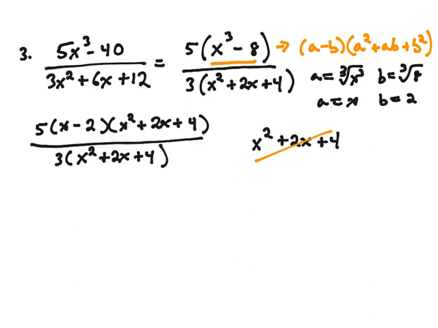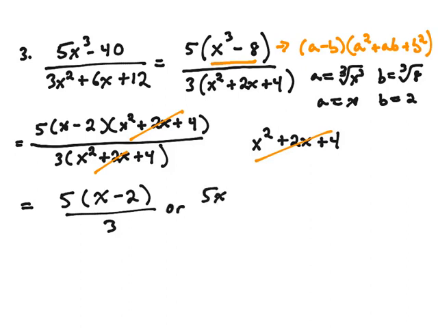We don't have to go through all that trouble of factoring that trinomial, because I just realized that x squared plus 2x plus 4 in the numerator cancels out with the x squared plus 2x plus 4 in the denominator, and that makes life so much simpler. All right? So that's going to equal 5 times x minus 2 all over 3. Okay? Or that's equal to 5x minus 10 all over 3. Okay? So any one of these would work.